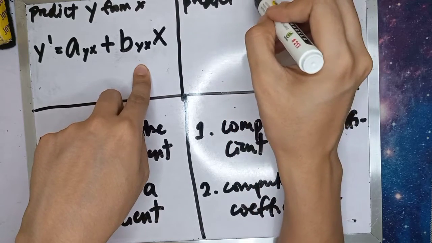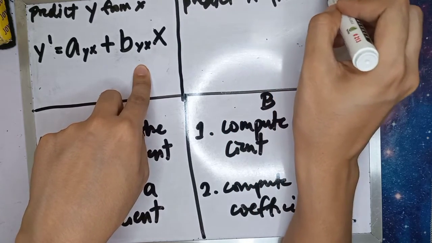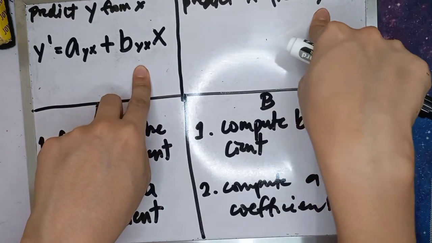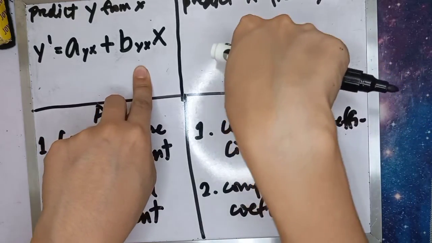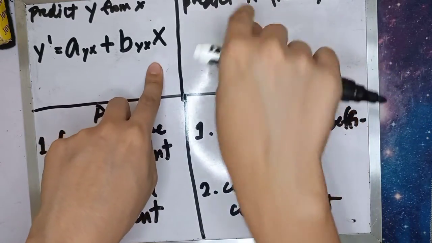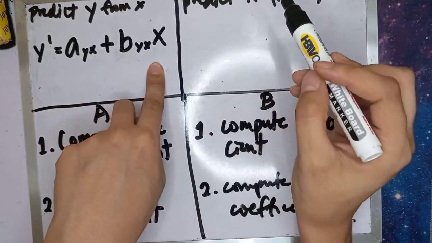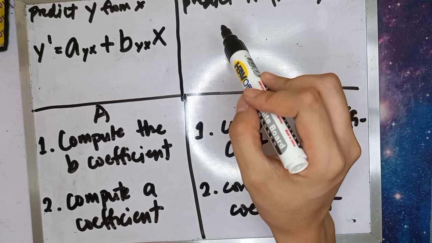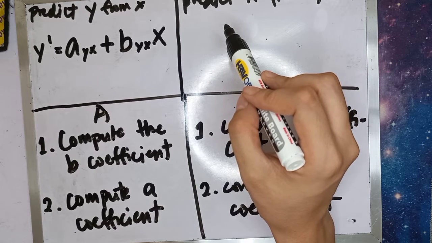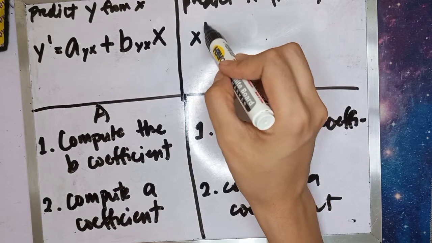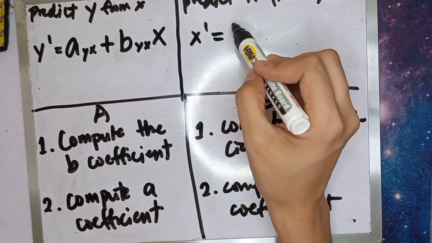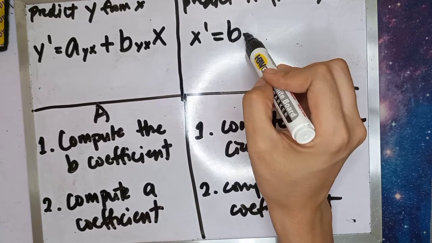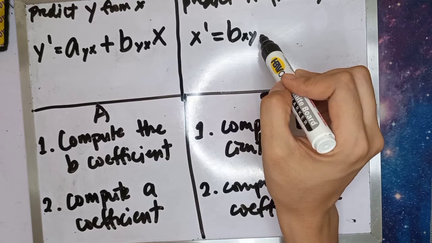On the other hand, predict x from y. So, given the scores sa y or the motivation, ano ang nagiging creativity. So, dito naman, iba ang gagamitin natin na pinaka-formula. Okay? So, dito, b coefficient muna. So, xy siya kasi predict x from y.